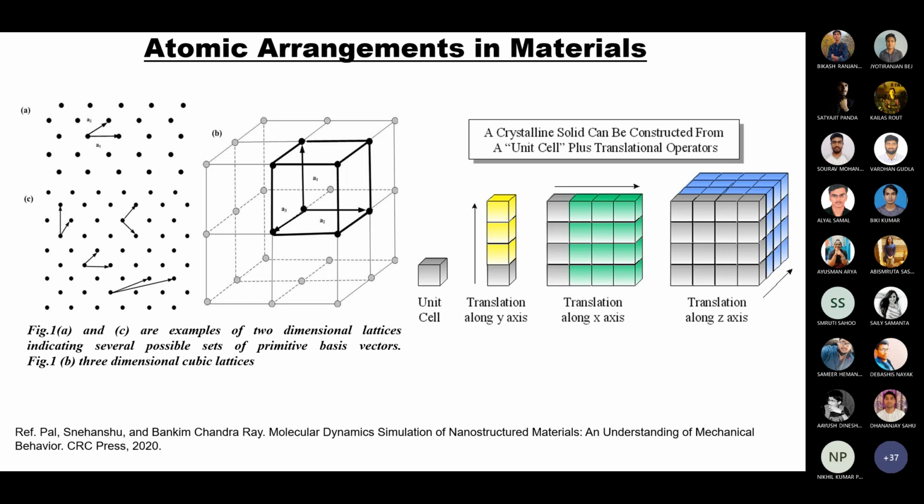Now if you want to know about a unit cell, what does a unit cell mean? If you want to create a unit cell, these are the things you should remember.